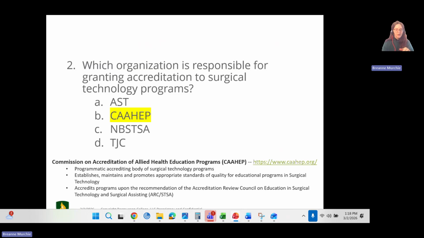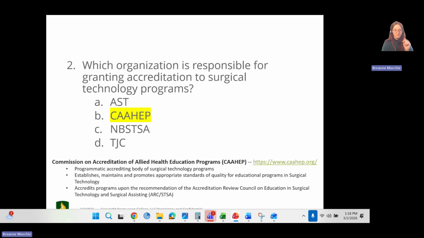Please do that. And I have also added in all of the links for these organizations and a few bullet points on each organization. Obviously, that is limited information, so if you want more, please go to their websites for all of the services that they provide. But CAAHEP is going to be the programmatic accrediting body of surgical technology programs.